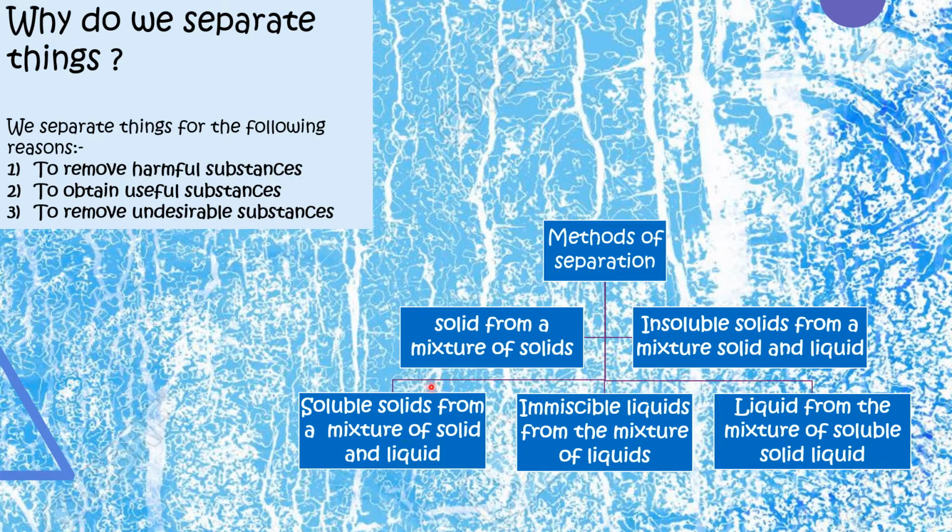Soluble solids from a mixture of solid and liquid: some solids can be dissolved in water and other liquids, so they are called soluble solids. Immiscible liquids from a mixture of liquids, and liquids from a mixture of soluble solid and liquids. Let's move to the next slide.